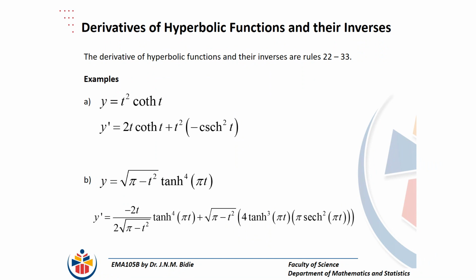Hoping you notice the first thing, again, we differentiated the power, which is the outer function, so it becomes 4 tanh to the power 3 pi t. And then thereafter you come to the function itself, tanh, and you differentiate that, which gives you sech squared pi t. And then you differentiate the argument, which is pi t, and pi is just the coefficient, so that means your answer is pi. I'm hoping that we are together.